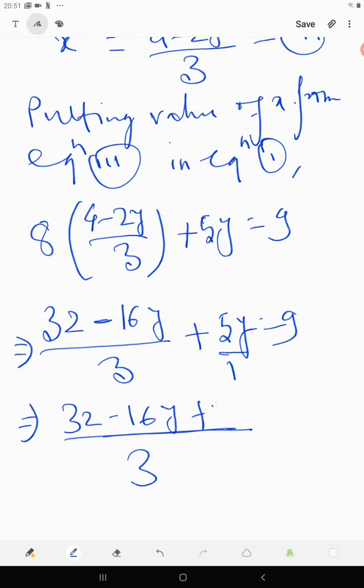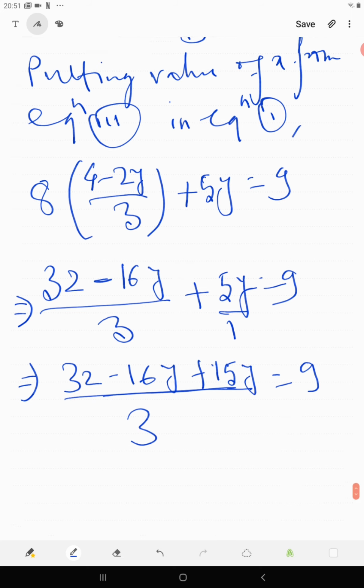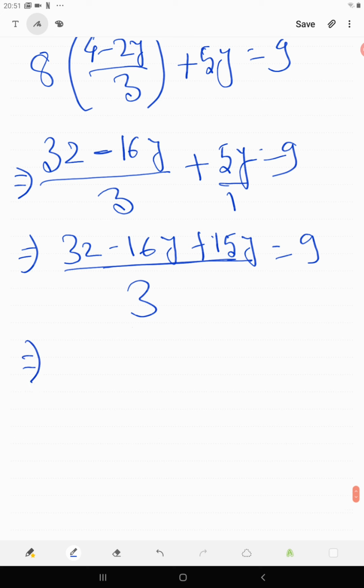So 5y into 3 is 15y equals 9. Now this 3 is division over here. It will go to the right and it will be multiplied. So 32 minus 16y plus 15y is minus y, because 16 is bigger. So the sign will be negative, and then subtract. 16 minus 15 is 1, so 1y. So minus y equals 9 into 3.